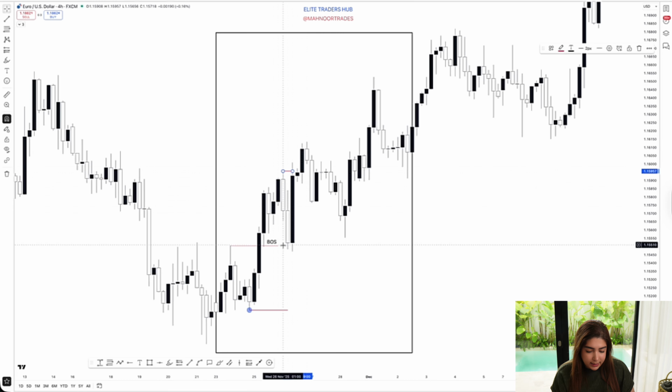And then the cycle just repeats. Once we've identified the range is giving us a break of structure, we move on to the next range. The lowest part is your new swing low, and the highest point before the retracement started is your new swing high, which is this one here.